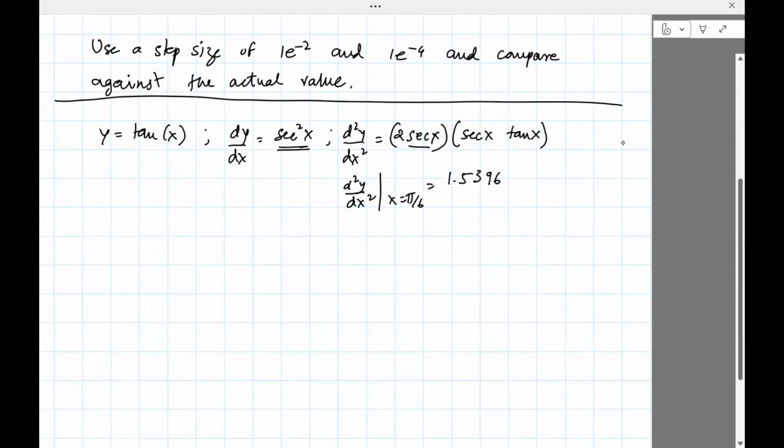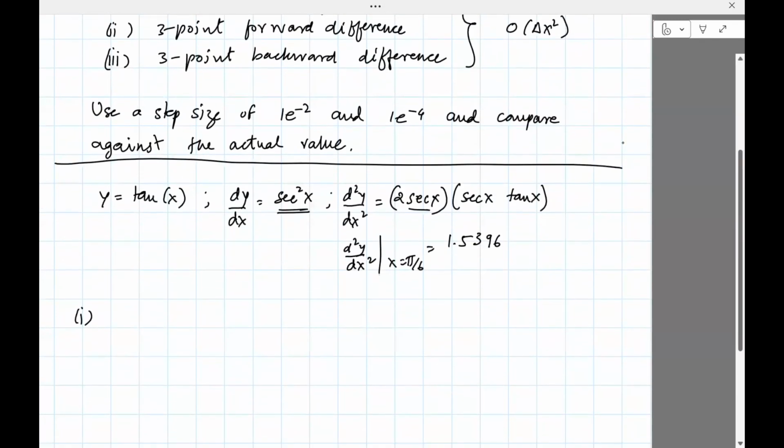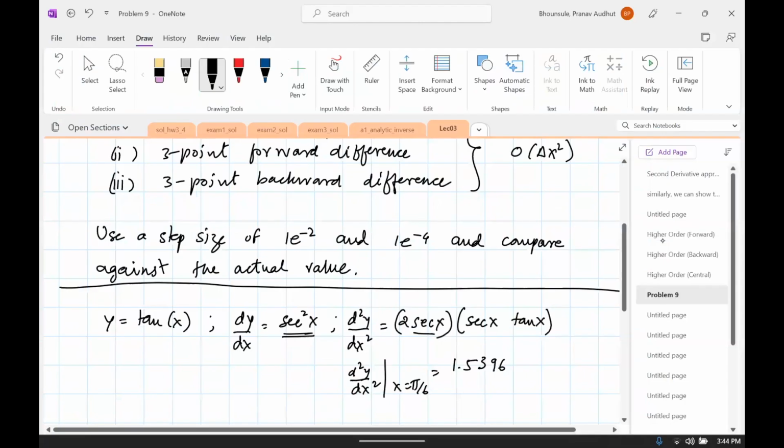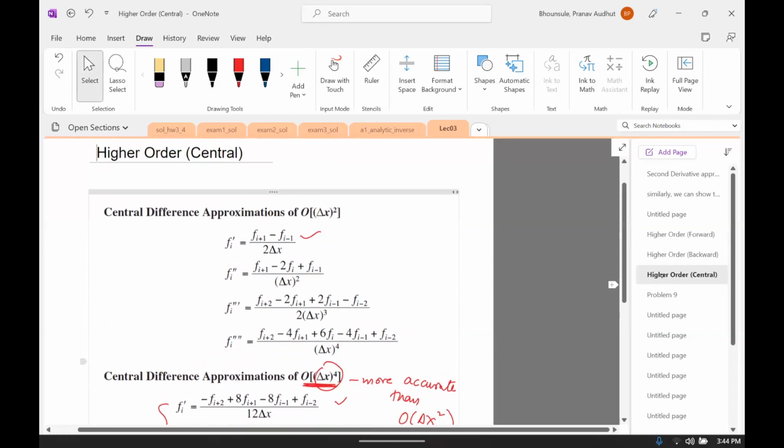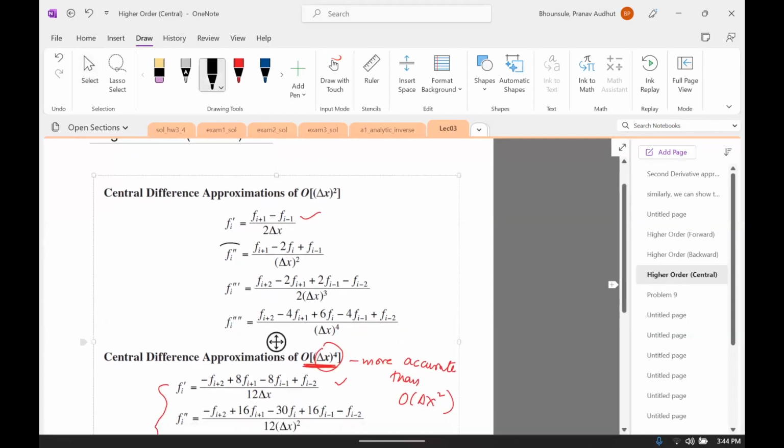Okay, now let's start using the formula. So we have 3-point central difference. So let's go back to central difference. And we are told that we want to be accurate to delta x square. In this case, we want the second derivative.